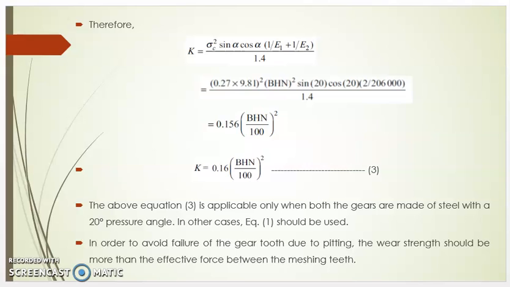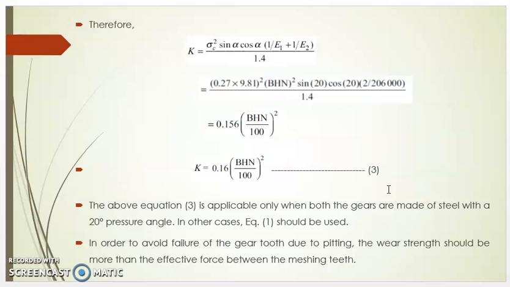This 0.156 is converted into 0.16, so K is equal to 0.16 Bhn divided by 100 bracket square, equation 3. The above equation 3 is applicable only when both the gears are made of steel with a 20-degree pressure angle. In other cases, equation 1 should be used.